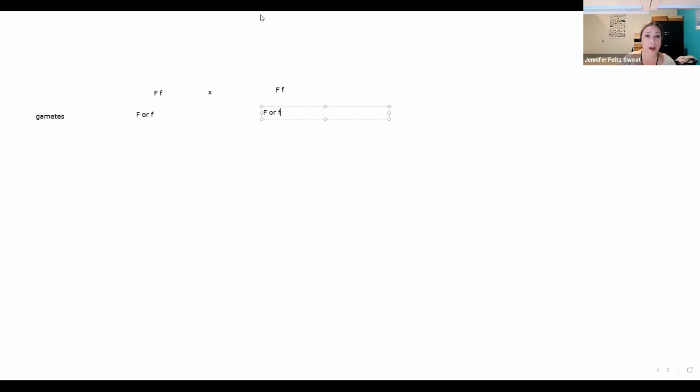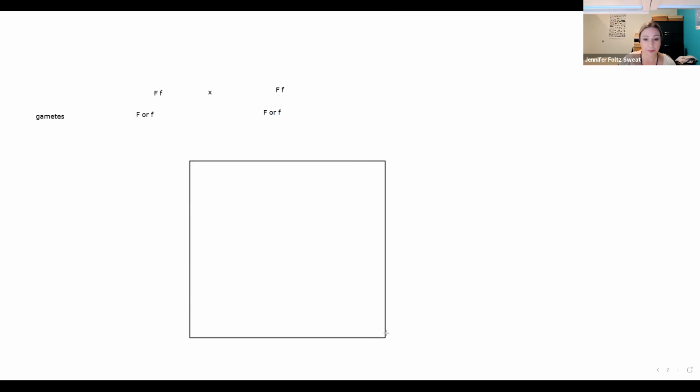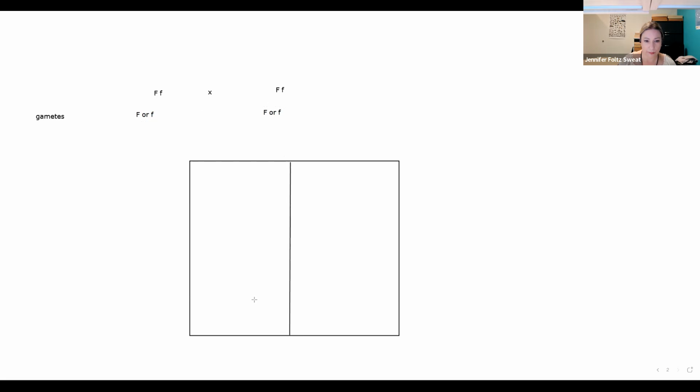So now we are going to draw our Punnett square for this cross. Now, it doesn't matter which individual you put across the top and which you put down the side, just as long as you keep the gametes together.